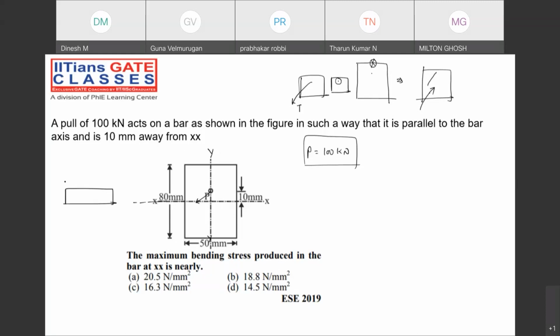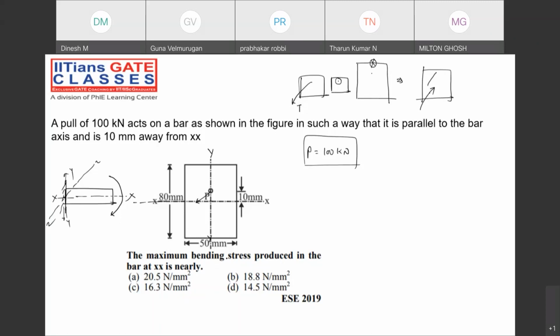The beam might look something like this, where the x-axis is this axis, and we have applied the moment about this axis. Then what will happen? The z-axis will be perpendicular to the plane of the figure. The y-axis will be this one.